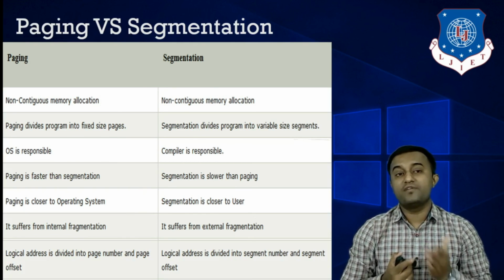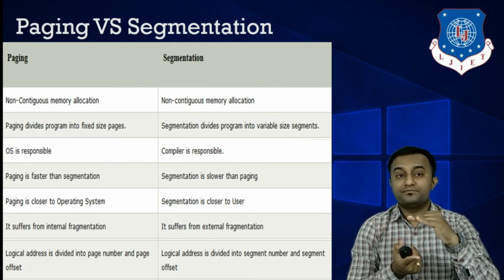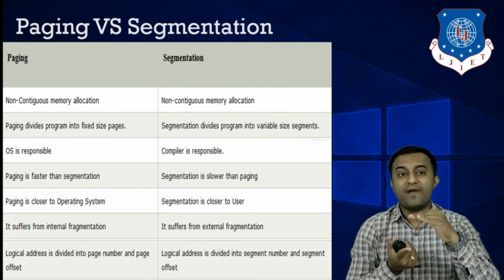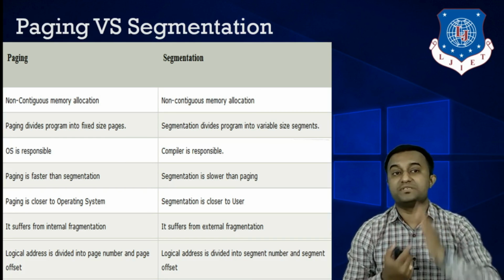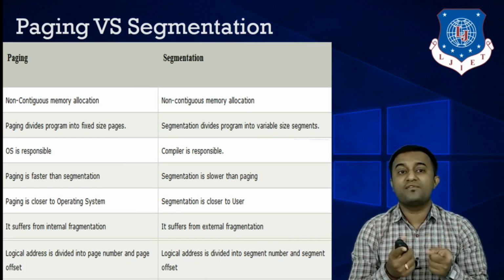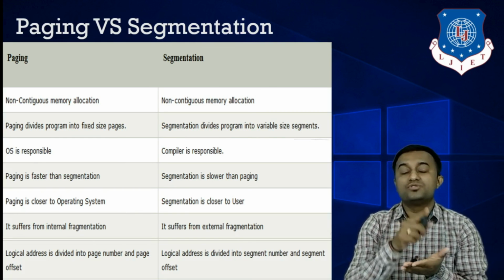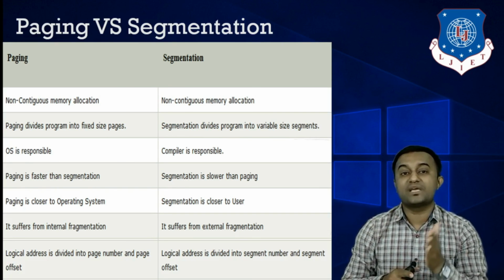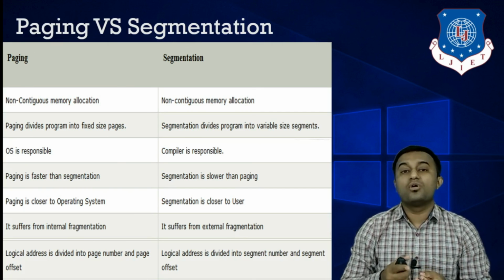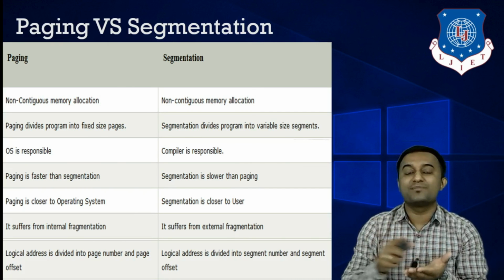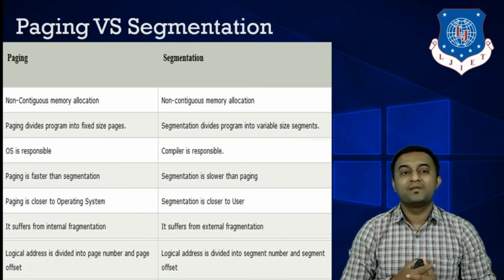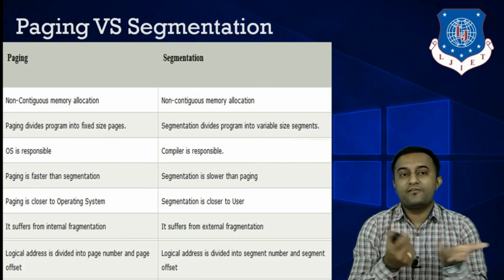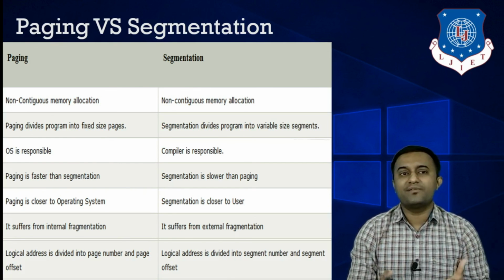The third difference is that paging divides the program into fixed size pages. In the case of paging, we are using a fixed size partitioning scheme, but in the case of segmentation, we are using a variable size partitioning scheme. Okay. The fourth difference is that, definitely, user intervention is not required.